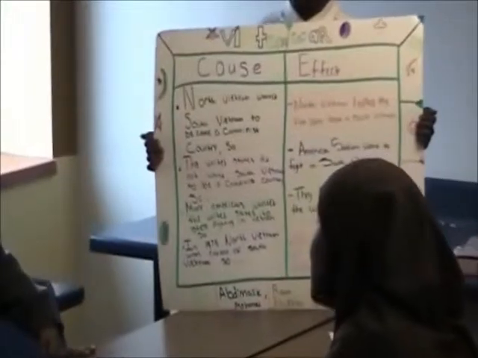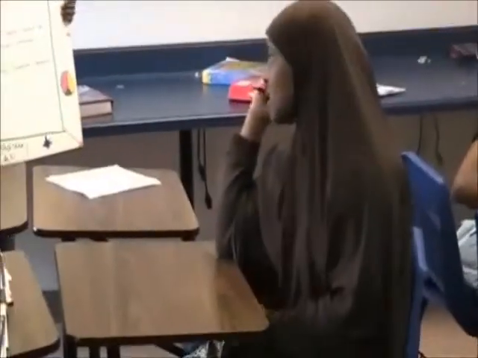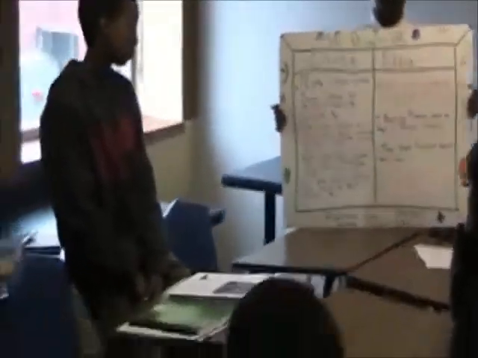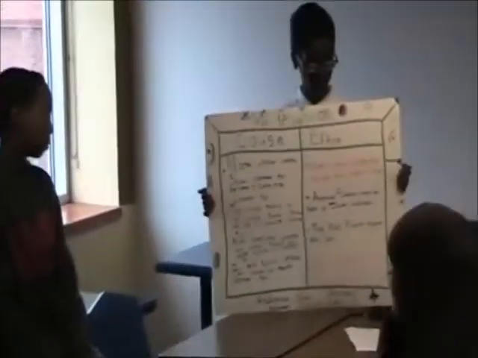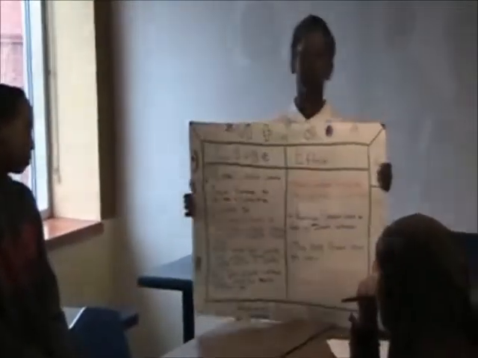Because the United States did not want South Vietnam to be a communist country, American soldiers went to fight in South Vietnam. Many Americans did not want the United States to fight the Vietnam War, so they protested against the war.